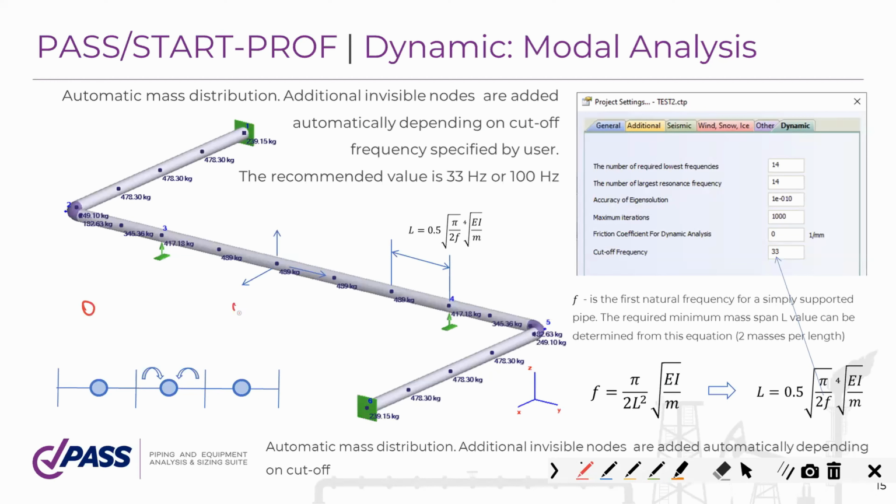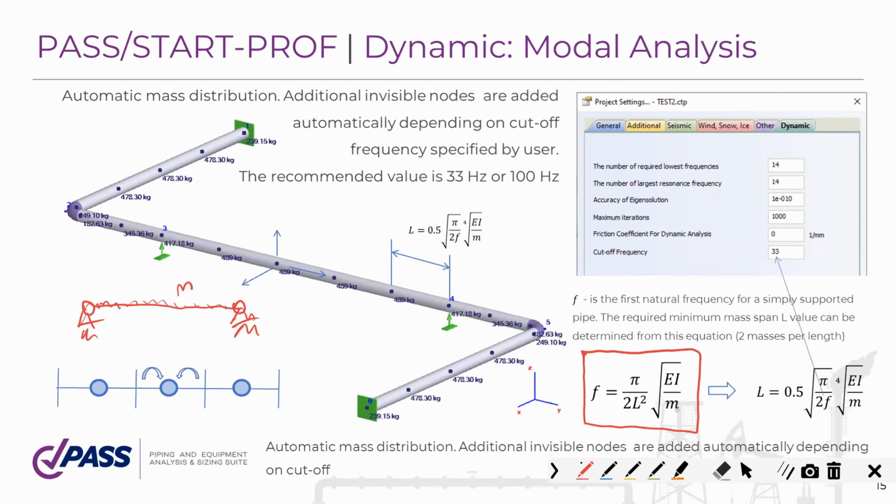For example, we have a beam on two supports like this, and it has a distributed mass over it. M is the distributed mass. So we can get the equation for the first natural frequency of this beam. It is well known in literature.